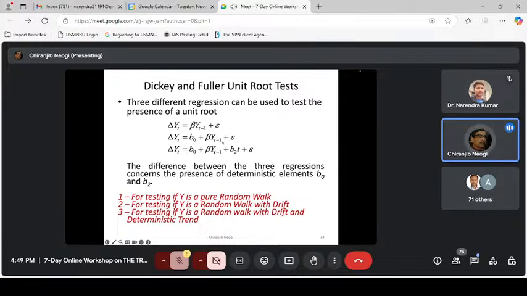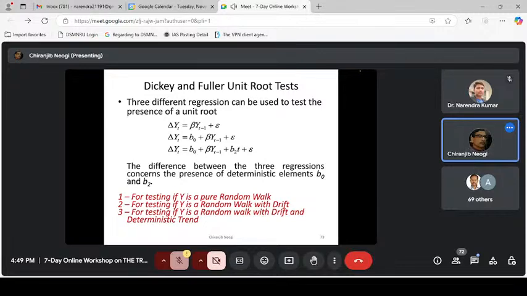So the primary objective in determining stationarity or non-stationarity is whether beta is 0 or not. The null hypothesis is 0, and the alternative hypothesis is less than 0.